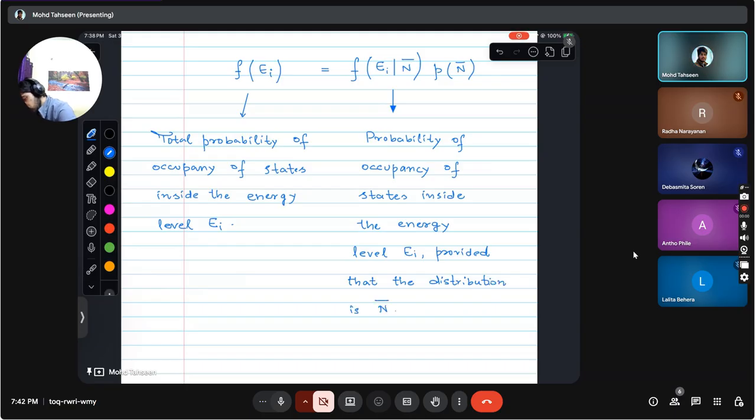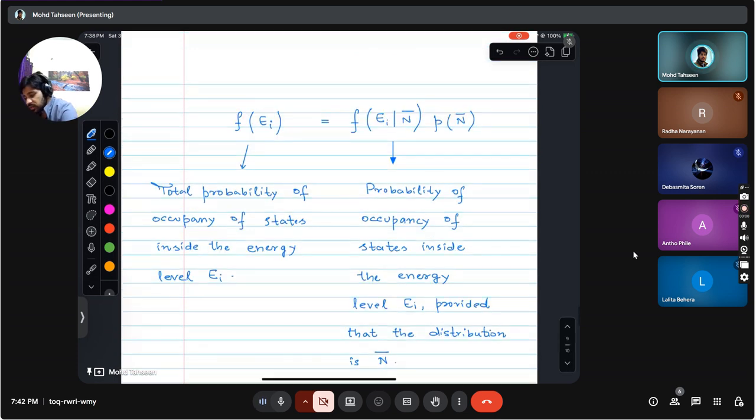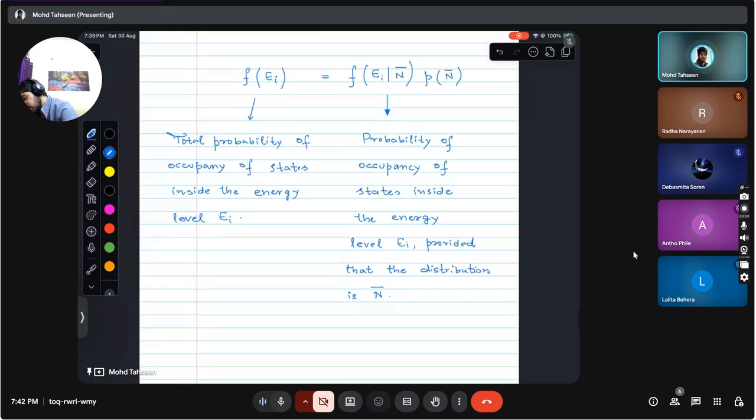Okay, so this is the difference between the terms on the left and right. And then what is P of n bar?